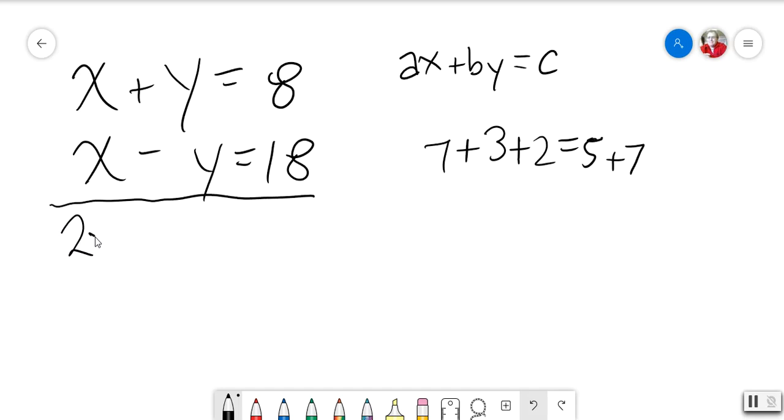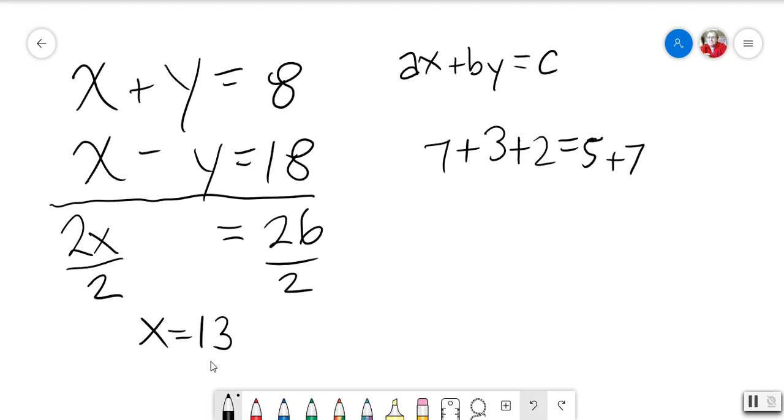The idea is that you want something to cancel. x plus x is 2x, y plus negative y is 0, of course. 8 plus 18 is 26. This is exactly what I wanted to have happen. I have one variable left, 2x equals 26. Now I just divide both sides by 2, x equals 13.